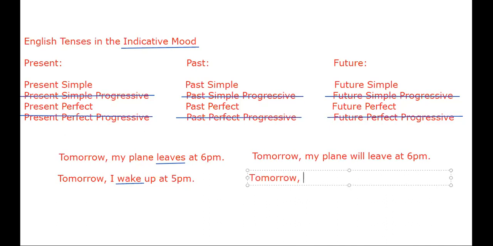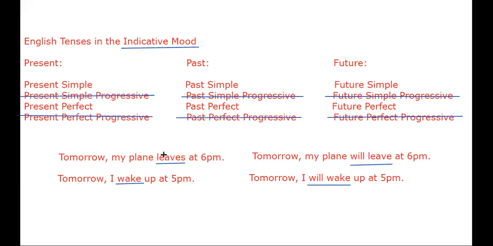But tomorrow I will wake up at 5 p.m. Now for the second example, you're likely to hear either, but for the first example, you're probably going to hear the present simple more often. But again, I'm just pointing out that in some cases, you can actually use the present simple to point to the future.